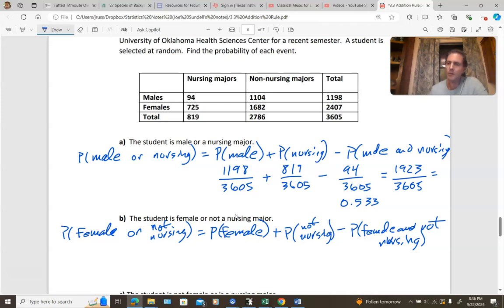All right, so the probability that the student is female, well, this row represents the female students, and there are 2,407 out of a total of 3,605, plus the probability that the student is not a nursing major. Well, these are the students that are not nursing majors, see? And there's a total of 2,786.